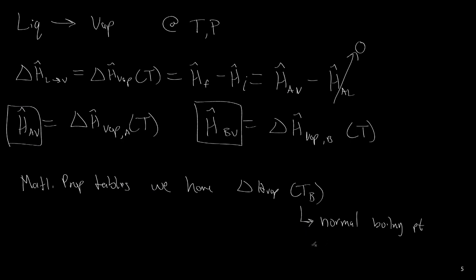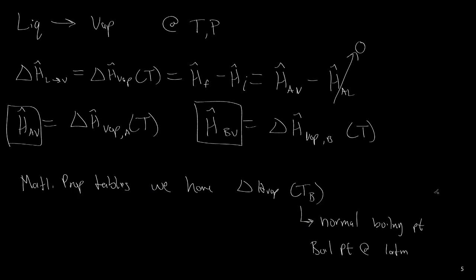And this is the boiling point at 1 atmosphere. And this is just out of simplicity. Back when someone in the lab was measuring these heats of vaporization, they decided just to do it at 1 atmosphere because it was the simple way to do it.